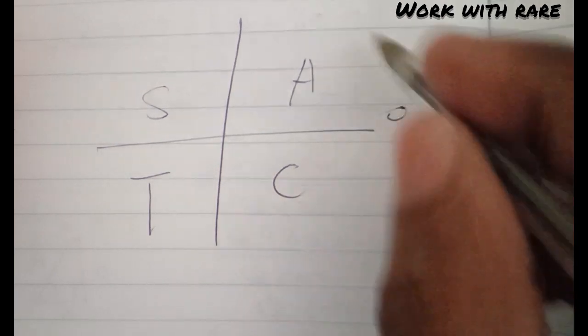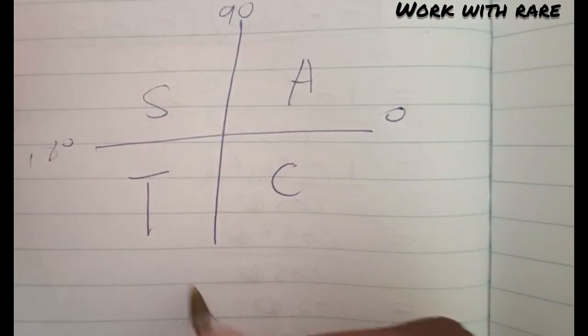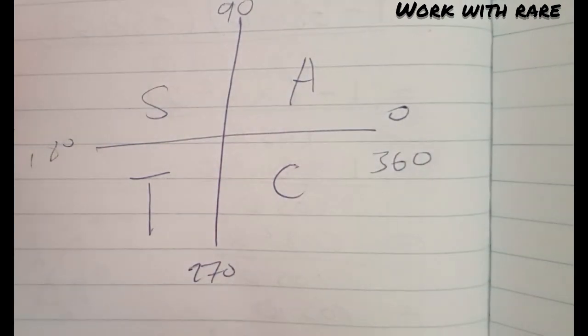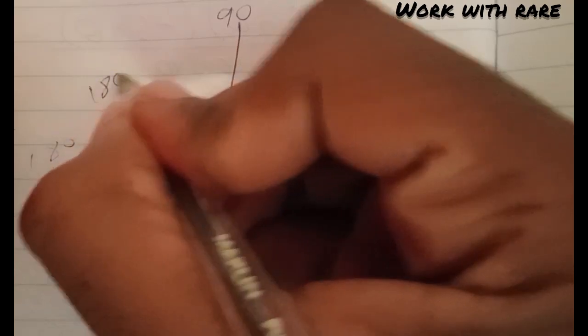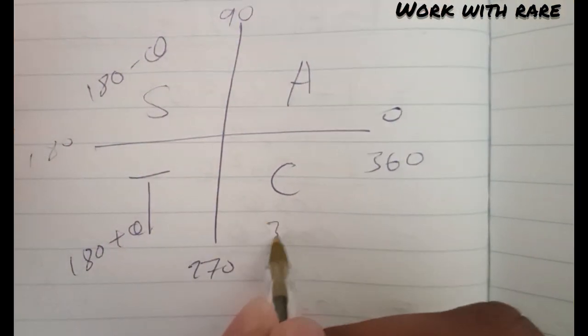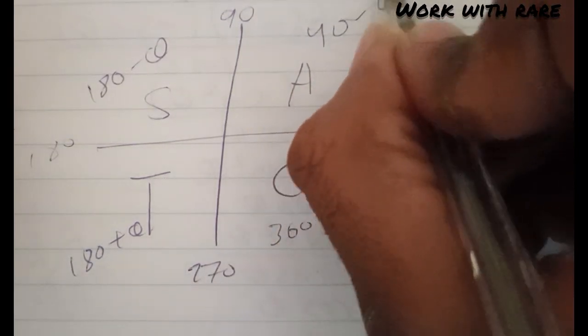Here it's 0, 90, 180, 270, 360. And here we have 180 minus, 180 plus, 360 minus, 90 minus.